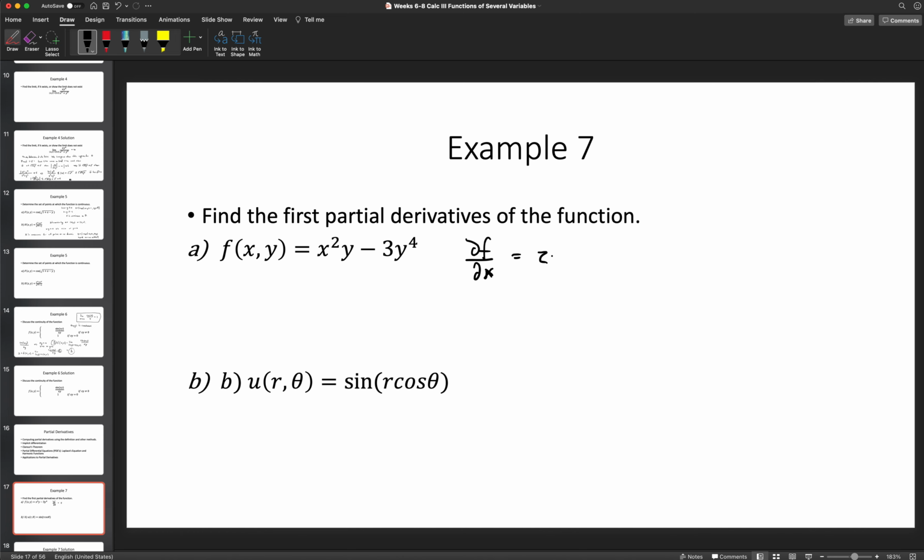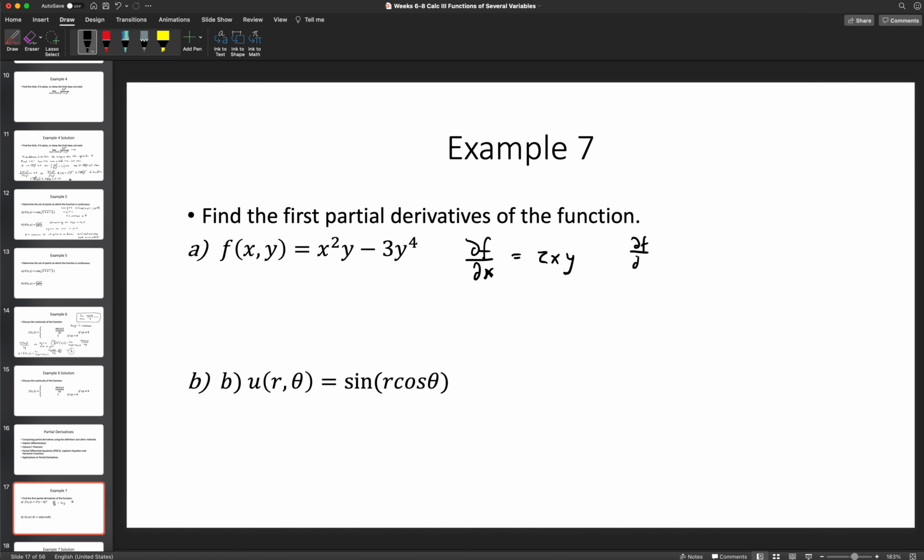So in the first one it would be 2xy because we're holding y as constant and taking the derivative of x squared. And then if I take the derivative of minus 3y^4 with respect to x, that's just 0. So df/dx is just 2xy.